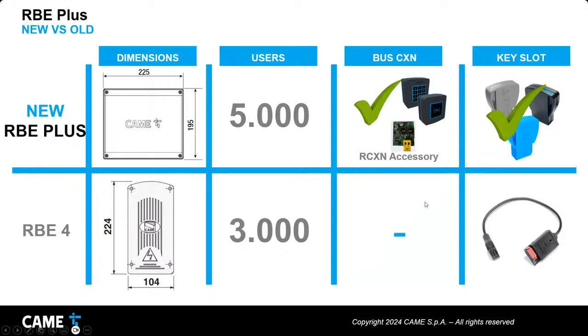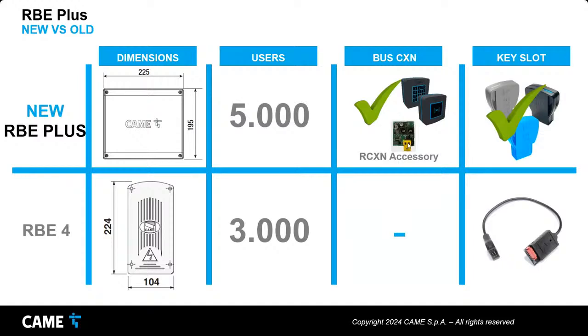As you can see, and as you can remember, the old RBE could not be used with the bus accessories. Right now, we have an additional board, which is named RCXN.